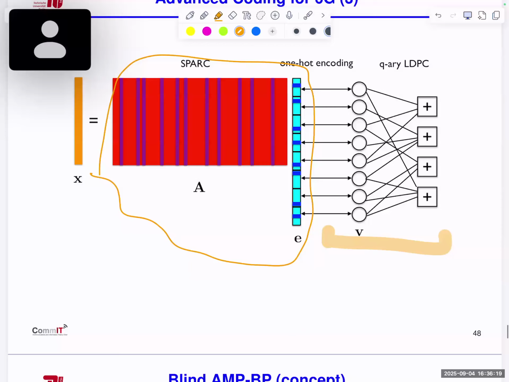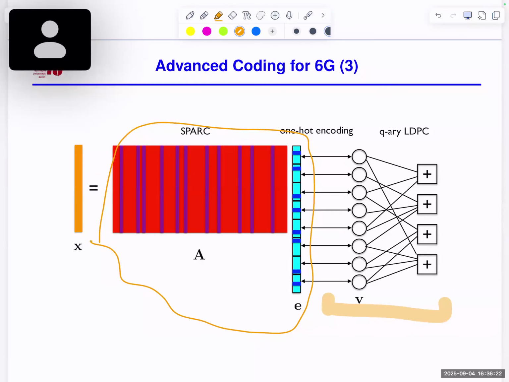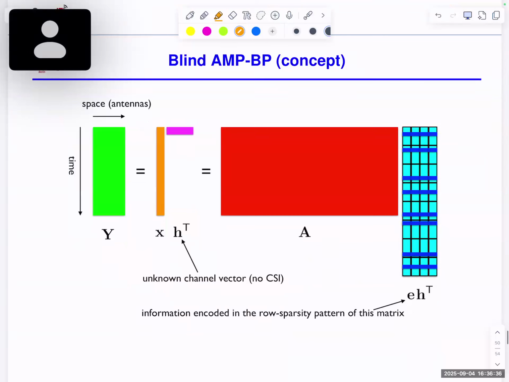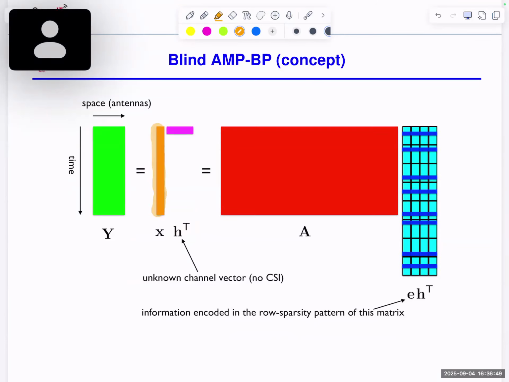And then there is a nice recent paper by the group of Krishna and Narayanan where they analyze an AMP plus belief propagation decoder for these codes for the Gaussian case. And now here we have the case where we have done the blind, let's say, one input M output. So imagine this is the code word, this is the sparse code word, and this is a row of unknown antenna coefficients. You can write this in the following way.